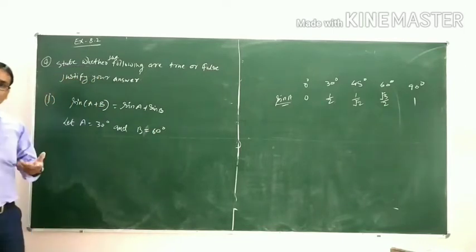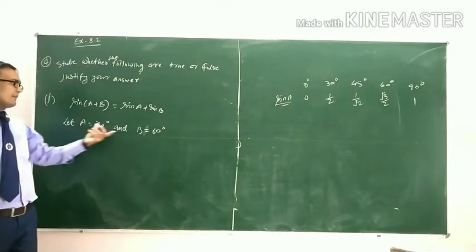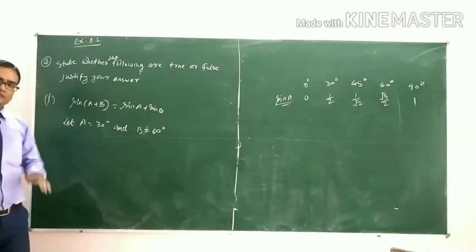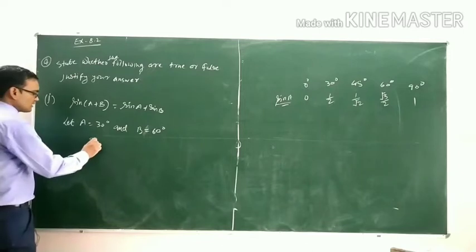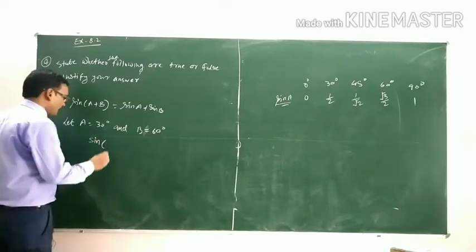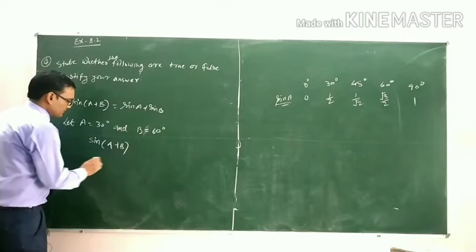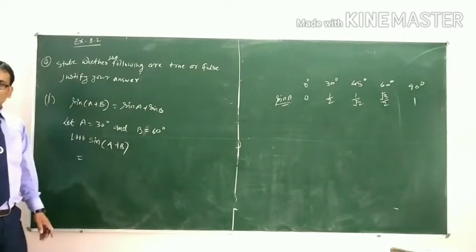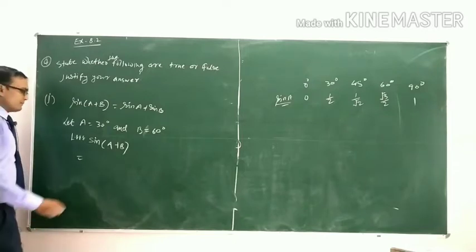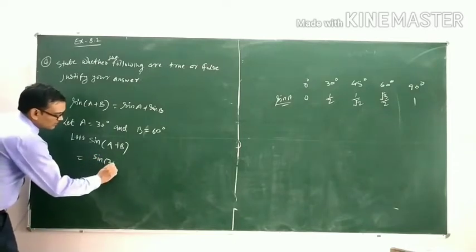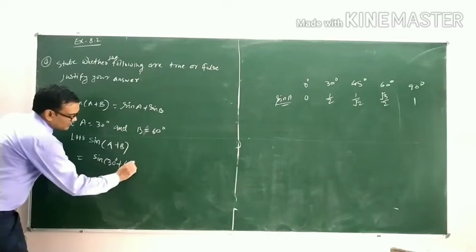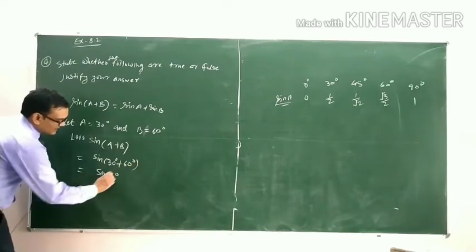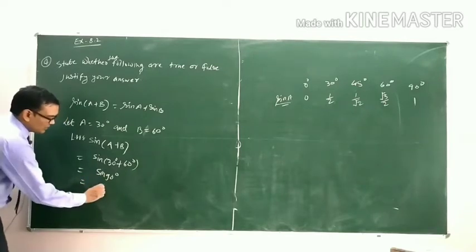Because we find very easily that the value of A plus B is 90 and sin 90 is 1. Okay students, here in the left hand side, sin A plus B, put the value of A and B, sin 30 plus 60. This implies sin 90. What is the value of sin 90? 1.